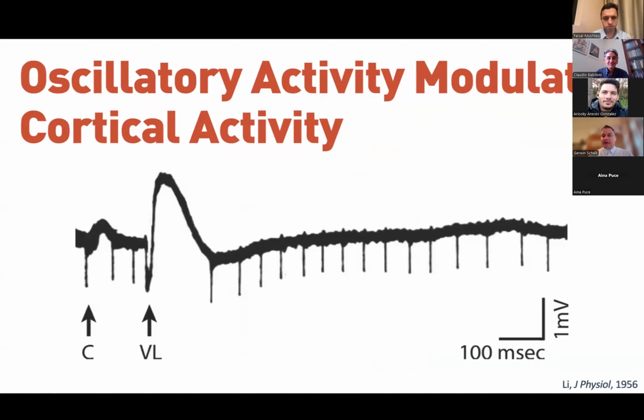And at the time marked with VL, the scientists stimulated a particular thalamic nucleus that projects to that area in the cortex. At that time, this generates a positive voltage change in the cortex, during which the cortical neuron stops firing.